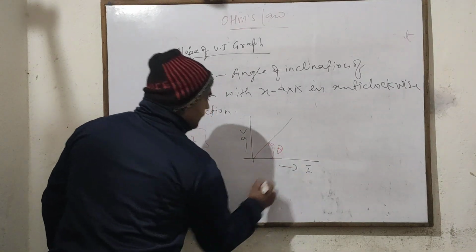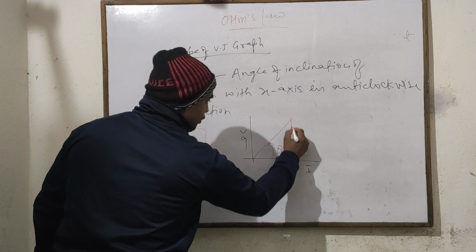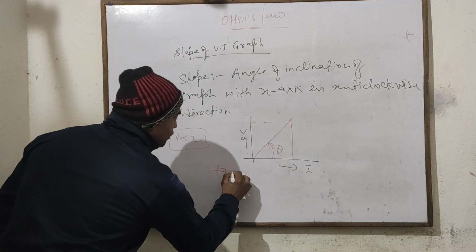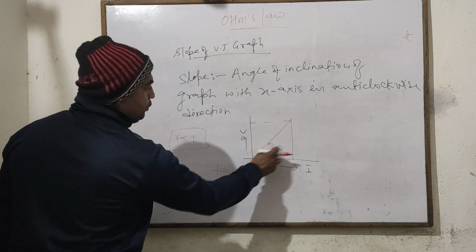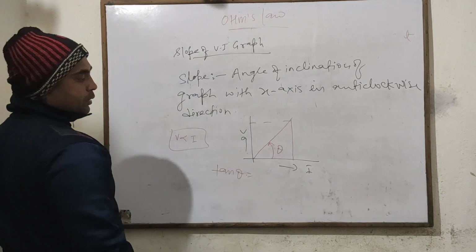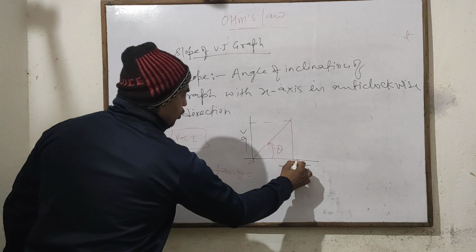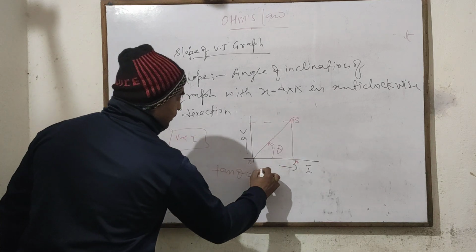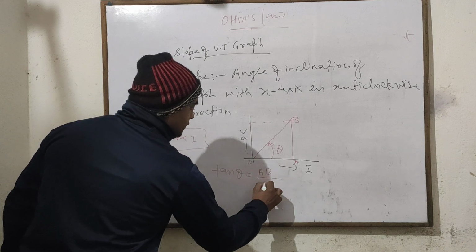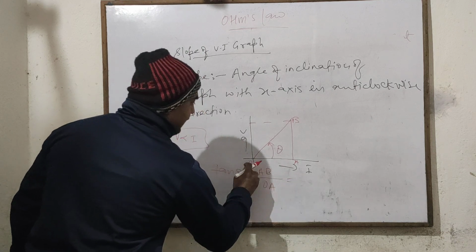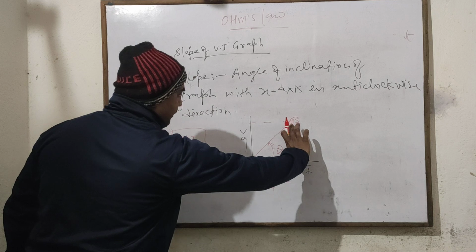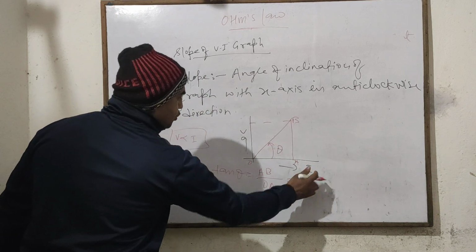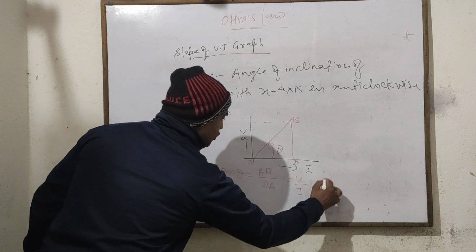This is your theta. Now, from the trigonometric concept, tan theta equal to P by B, perpendicular by base. Just name it OAB. Tan theta equal to P by B. AB is perpendicular and base is OA. This AB is equal to voltage and this OA is equal to I, and V by I is what?